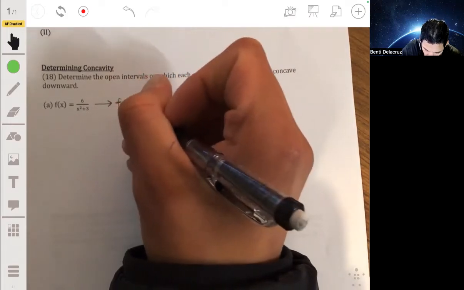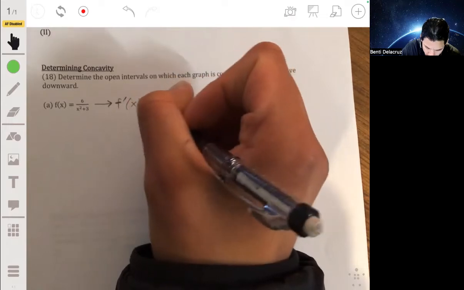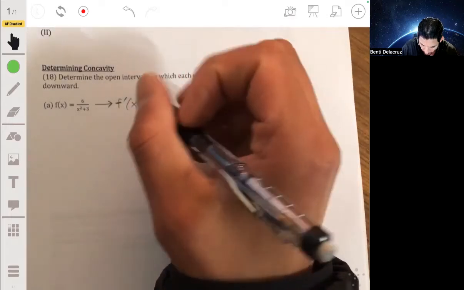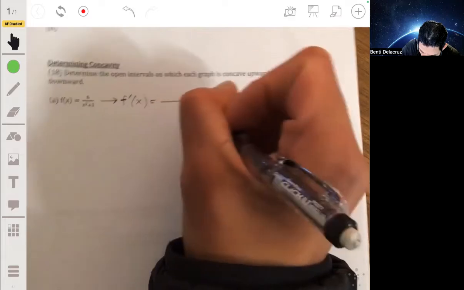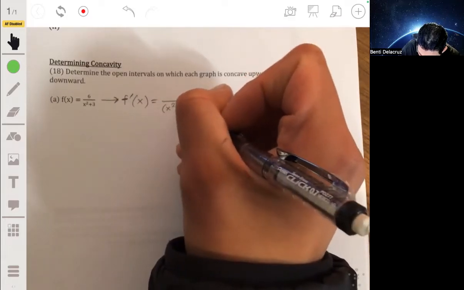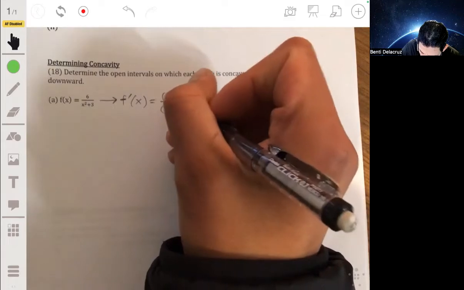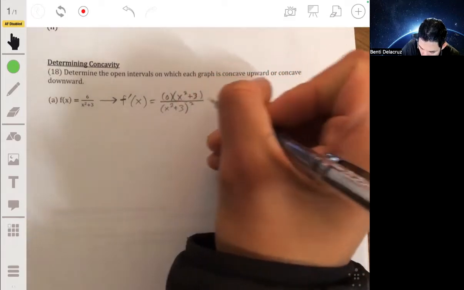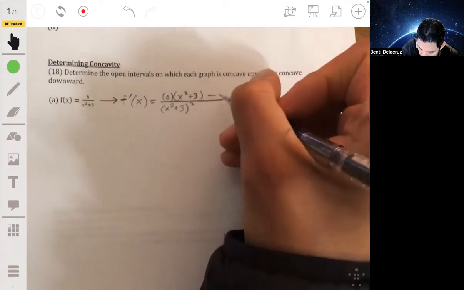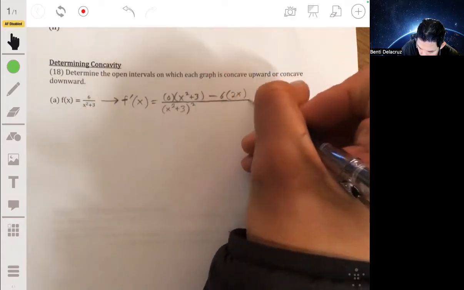Use the quotient rule, and we'll get that f prime of x will be the derivative of the top times the bottom, minus the top times the derivative of the denominator, over the bottom squared.